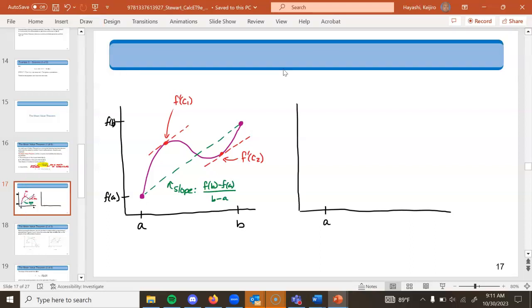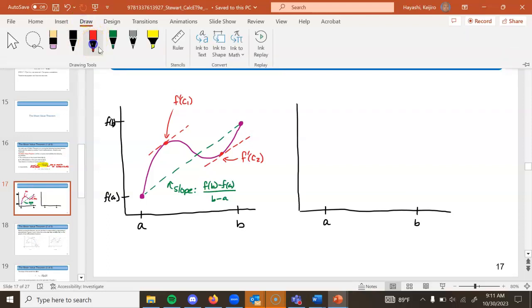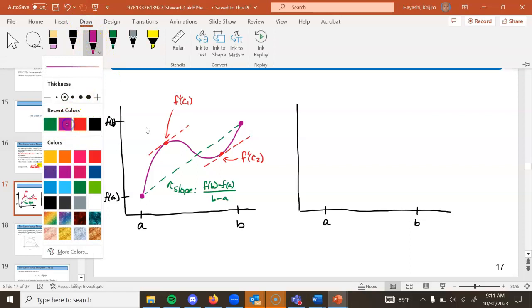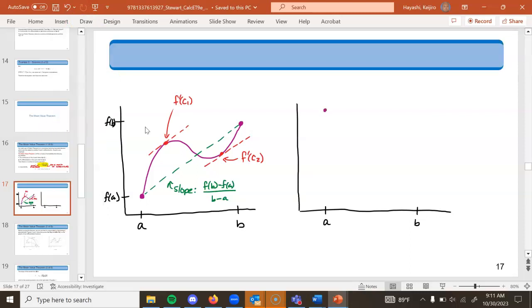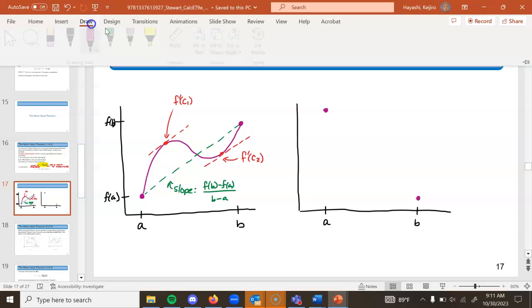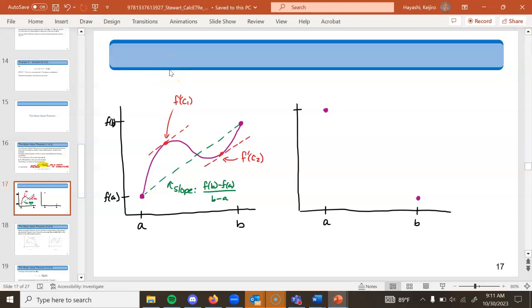Now, you can try to avoid this as much as you want, but you'll find that it's impossible to. So for example, let's say that f of A is up here and f of B is down here.